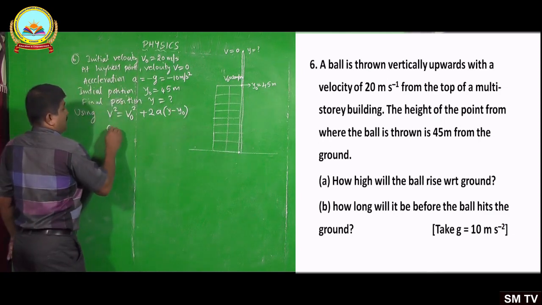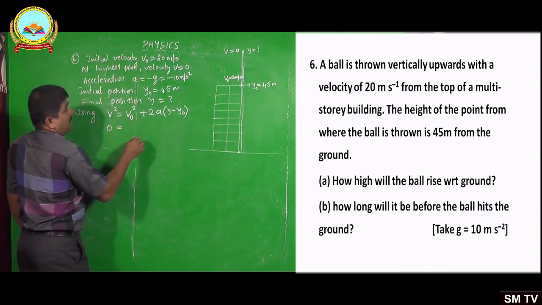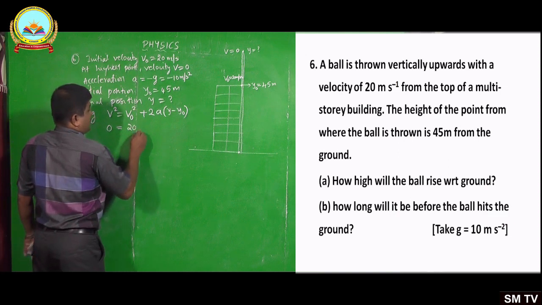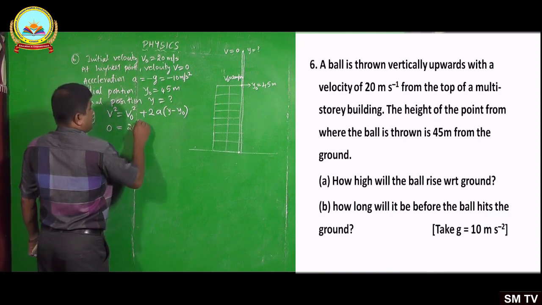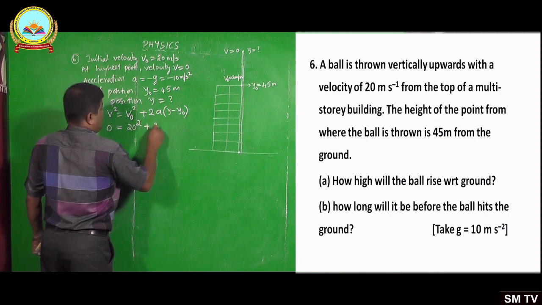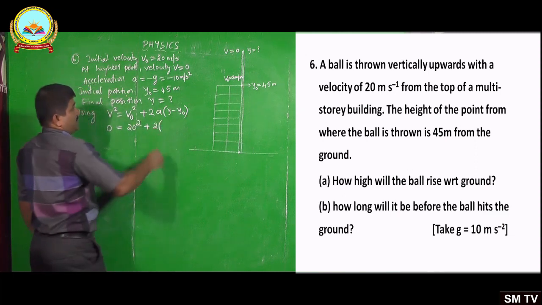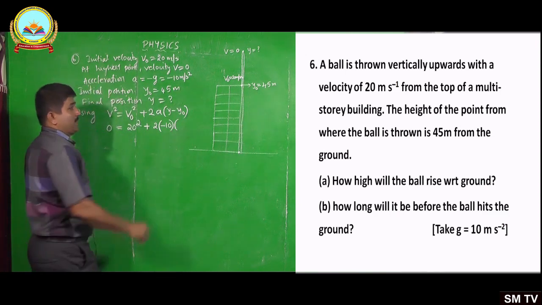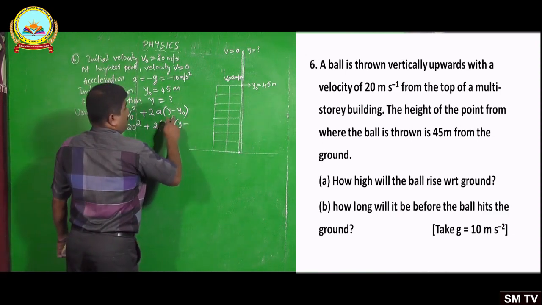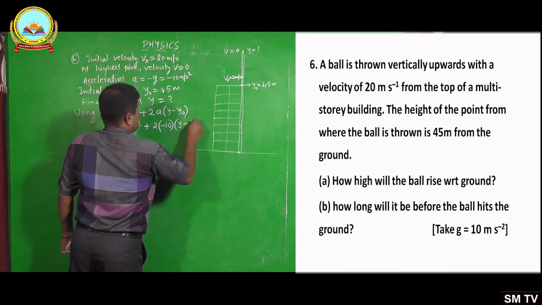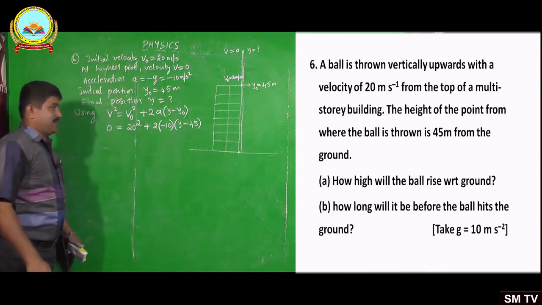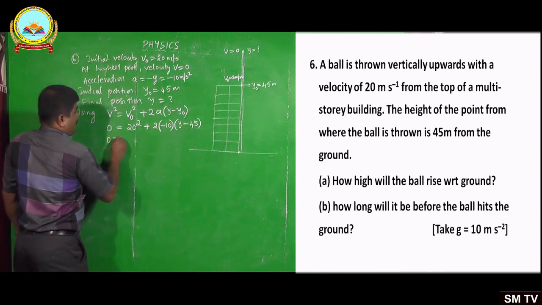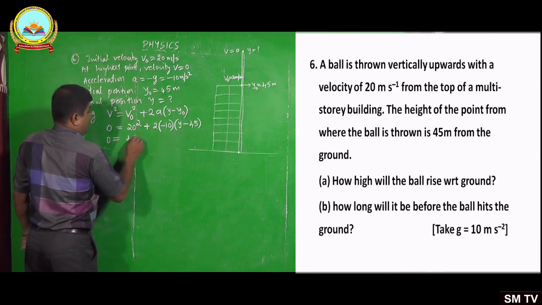Substituting here, final velocity 0 and it is thrown with a velocity of 20 meter per second. So 20 square plus 2 into a. Acceleration here take minus 10. Then displacement y minus y0. We don't know the value of y, we have to find out. y0 is 45. Okay, now simplification. So that is 0 equals 20 square, which is 400.